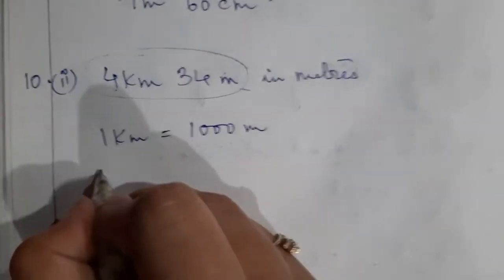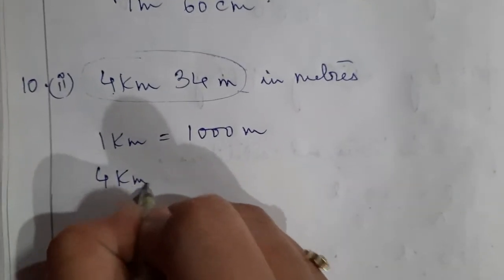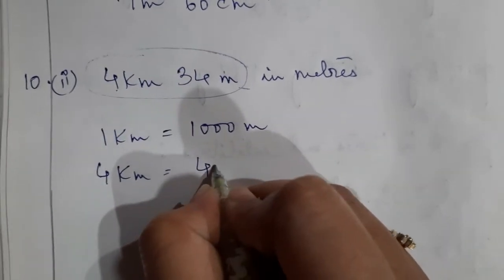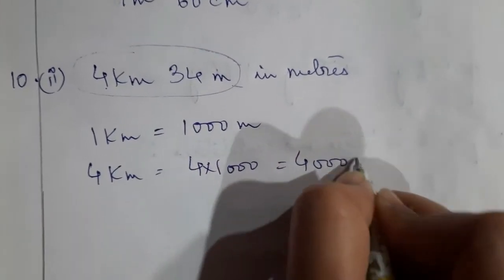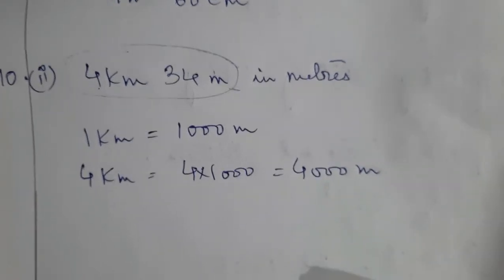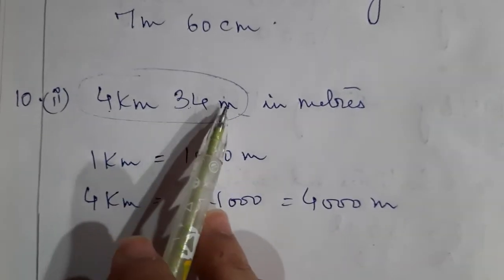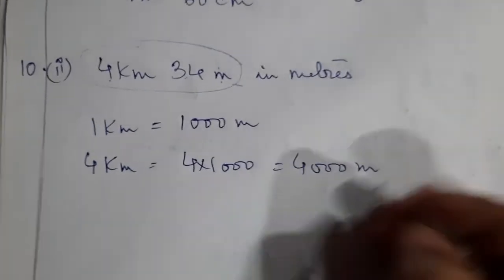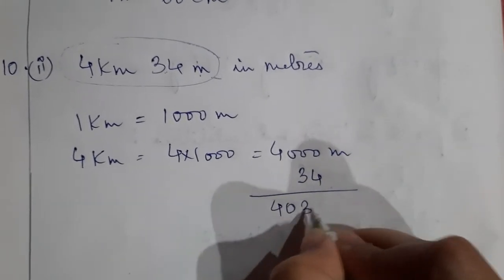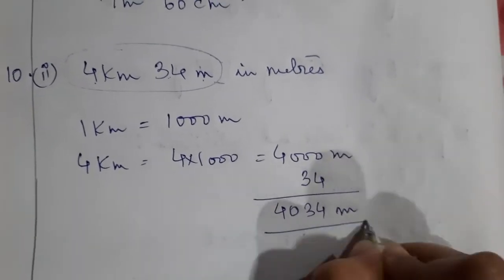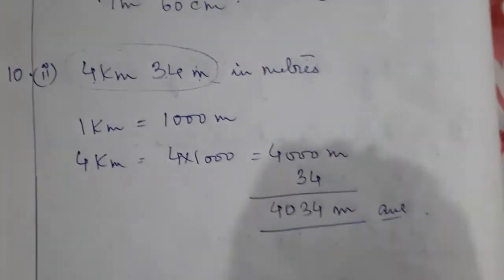So, 4 kilometer will become 4000. Why? Because 4 into 1000 becomes 4000 meter. Right? Now, there is also an additional 34 meter. I have to add this 34 here. So, 4034 meter becomes our answer.